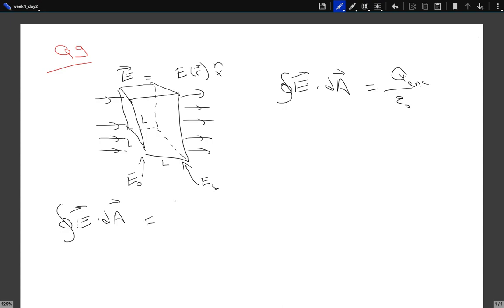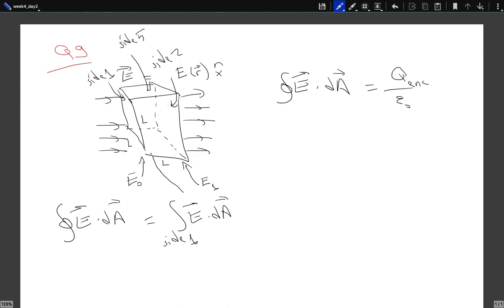So this will be equal to the integral of E dot dA over side 1, let me call it. Let me just give them names. This is side 1 over here, side 2, side 3. The one on the back is side 4. The top I will call side 5.